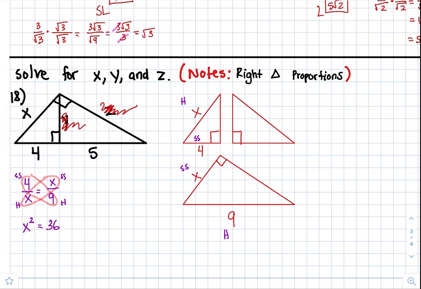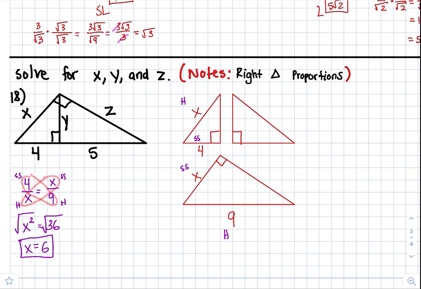So to solve for x, you gotta square root both sides. x equals, well, you might have to do a prime factorization tree if you don't realize this, but what's the square root of 36? It's a perfect square. It's 6. So we got one of our answers.